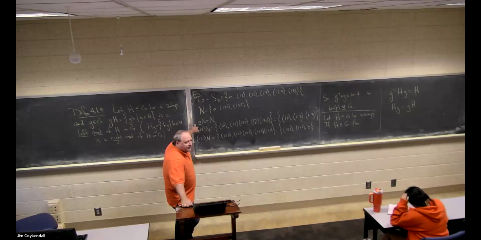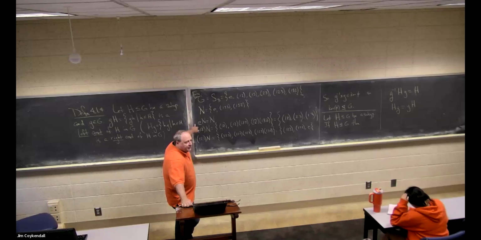Okay, note, if g is an element of G, so pick any element of G, then g is in the left coset gH. By the way, I'm only going to prove this for left cosets. Proof for right cosets, just go back and put the H on the other side.